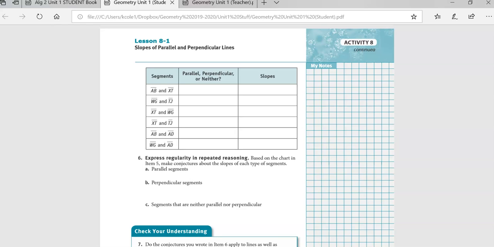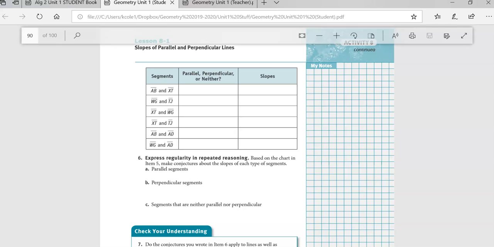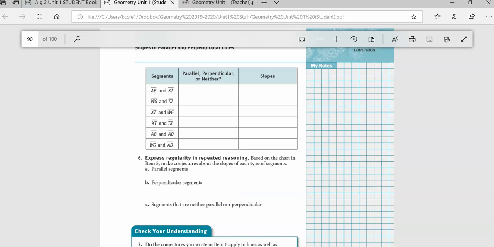I'm going to go ahead and keep going, but again, pause the video if you need more time. So this one, the first set are going to be parallel. Their slopes are both 1/3. This one, these are both parallel. Their slopes are both -3.